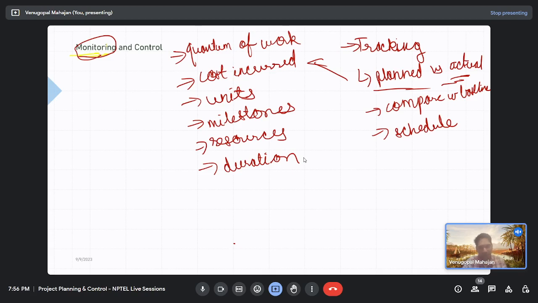See, quantum of work: you take the total work that was to be done, you break it down into some specific duration, and you say 30% work had to be done, but I did only 15%, or I completed 40%. So comparing quantum of work. Similarly, cost incurred: at the end of day 5 you were planning to spend 10,000 rupees and you have spent 9,000 only.